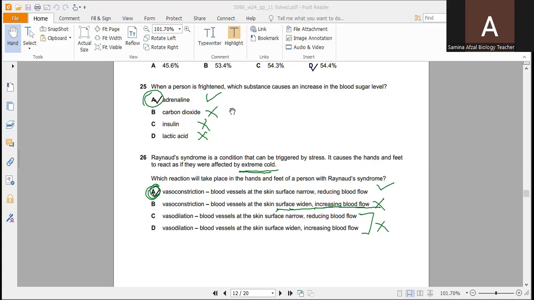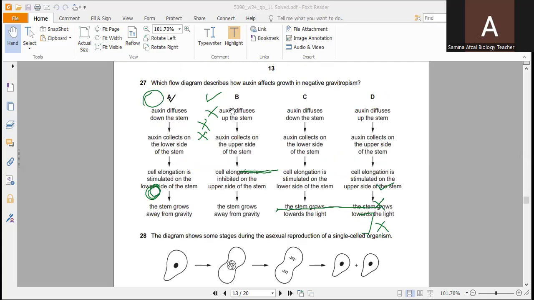Next question, number 27. Which flow diagram describes how auxins affect growth in negative geotropism?